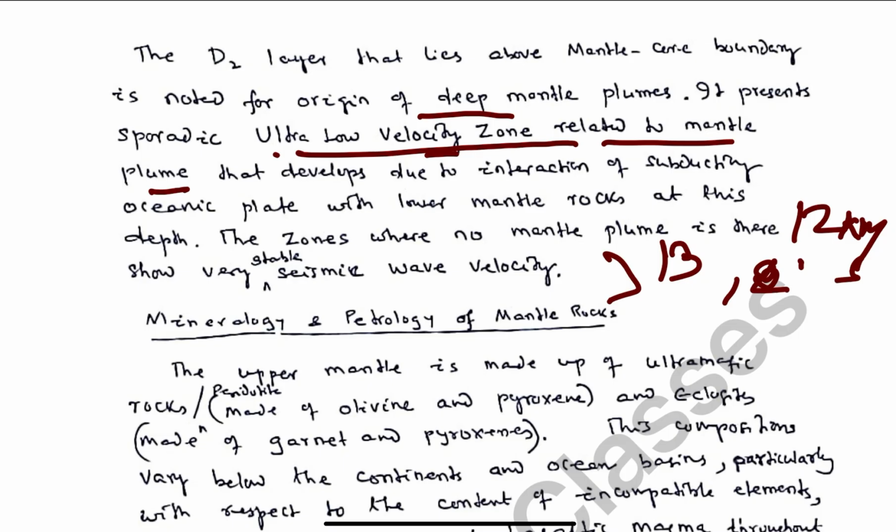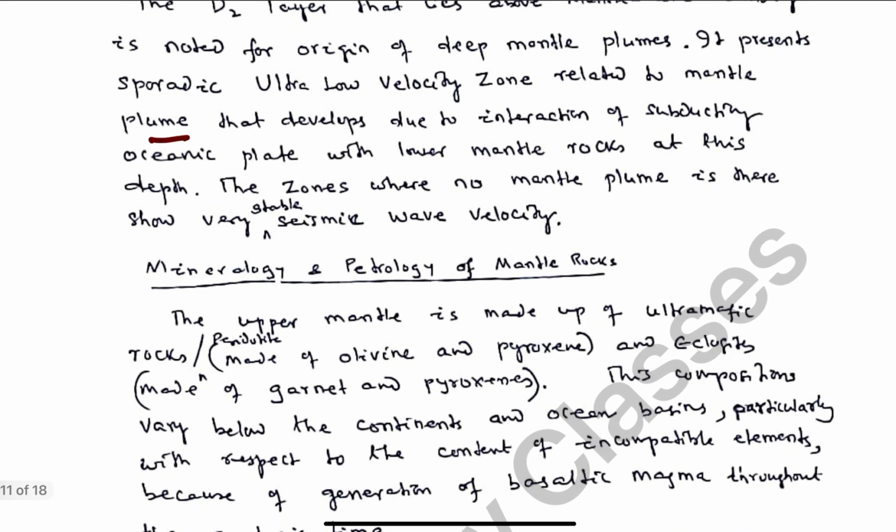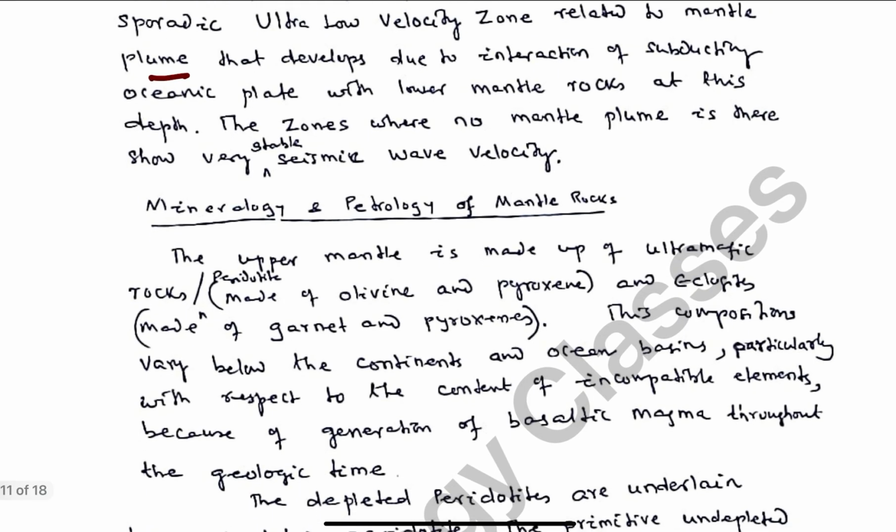And if you analyze the composition of the mantle, it shows that it is made up of denser minerals, olivine, pyroxenes. They have been transformed with depth to very denser minerals.